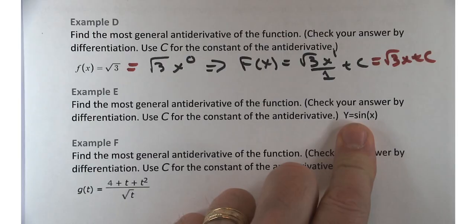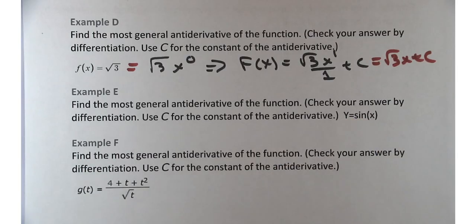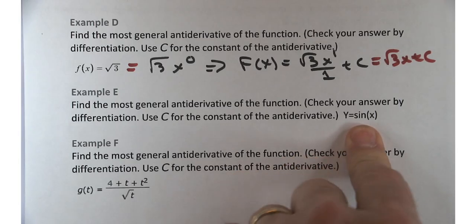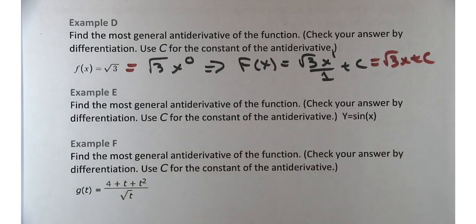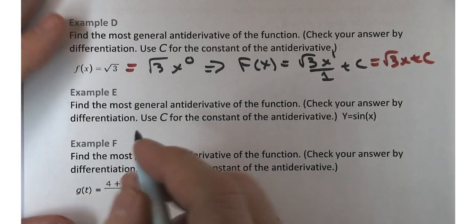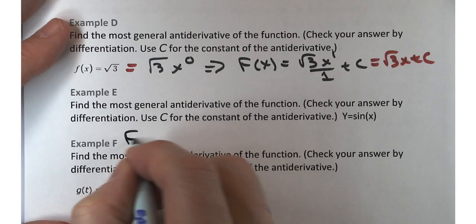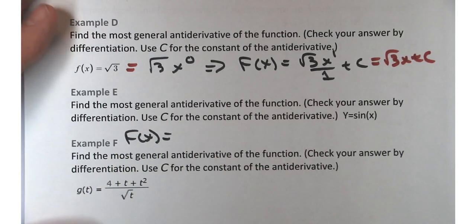Here's one where you're going to have to start thinking in a reverse direction. What do you start out with that you differentiate to get y equals sine? What's the function whose derivative gives you sine? Call it capital F of x. What should I write here?